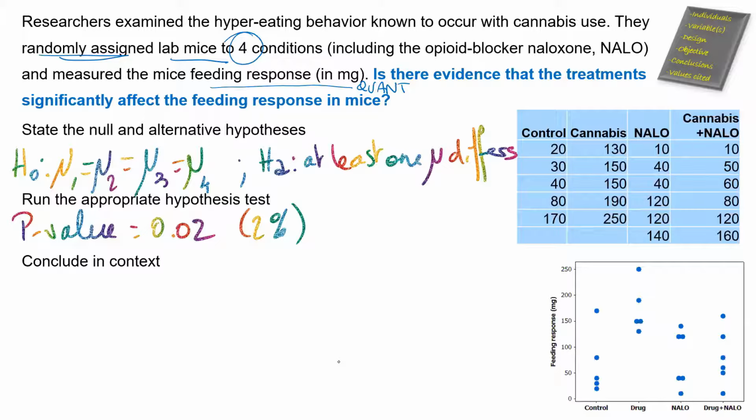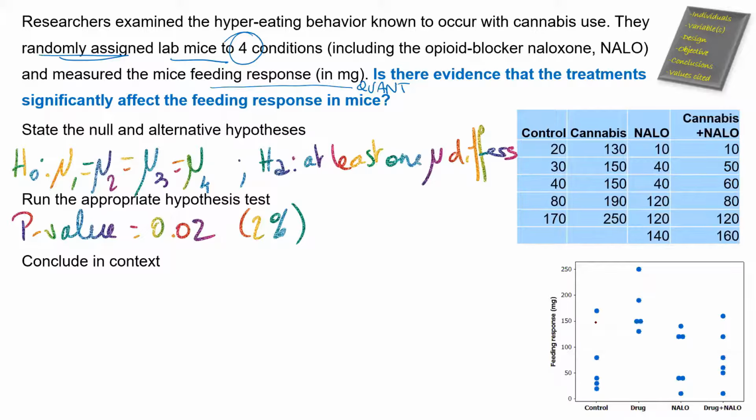Let's check the conditions for inference. So we have 3 conditions. First one, do we have independent random samples? Yes, they're part of a randomized experiment. Second, do we have normal data or large enough combined sample size? All right, so the data do look like just variations of the same thing. They look kind of normal-ish. It's hard to tell whether that's a skew or just the randomness of this particular random sample.